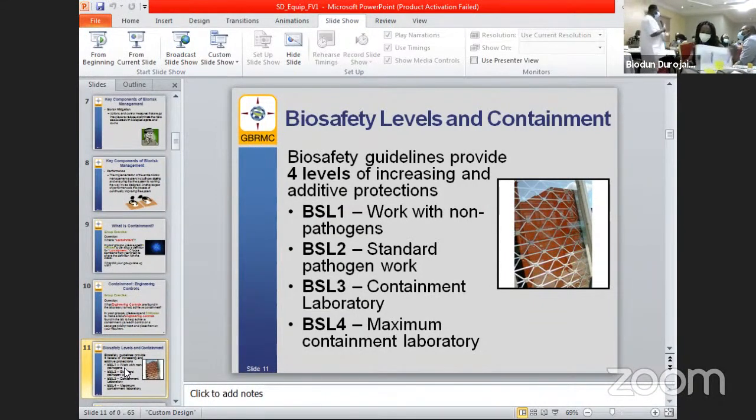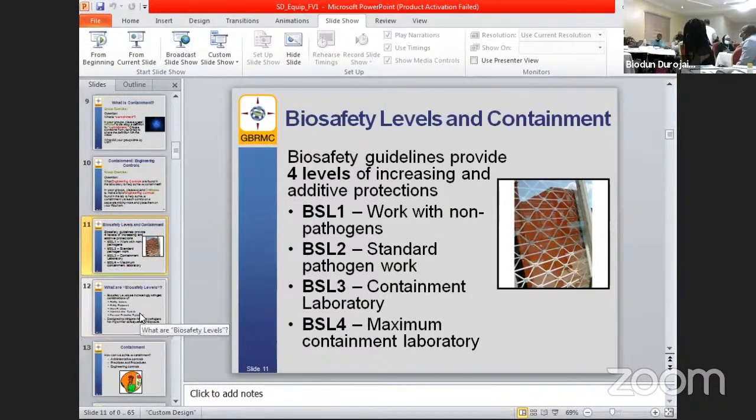I'm going to share with us later the summary of what I expected for us to have in these biosafety levels. We also need to take note that apart from these biosafety levels, we will also have animal containment levels, again depending on the pathogens that are associated with such animals.